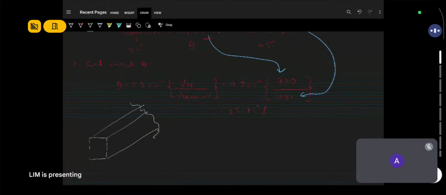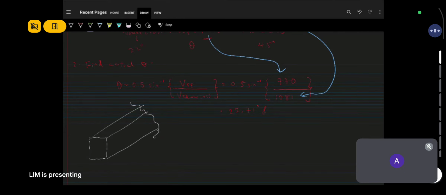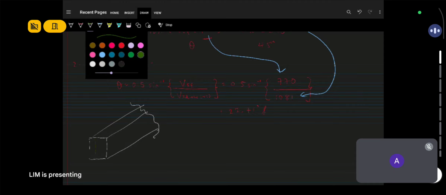So in the question, I didn't calculate any of this.